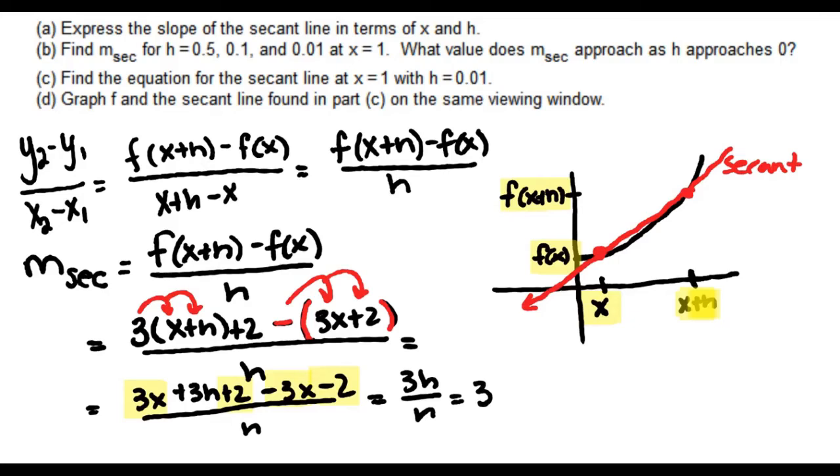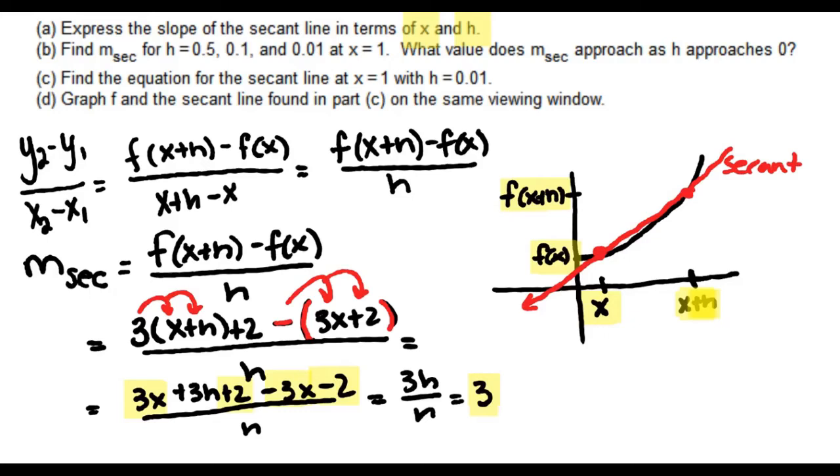Now the reason why the x and the h canceled out in our expression is because our function is a linear function, f of x equals 3x plus 2. If we were to use another function that wasn't a linear function, the slope of our secant line would have the variables x and h in it.